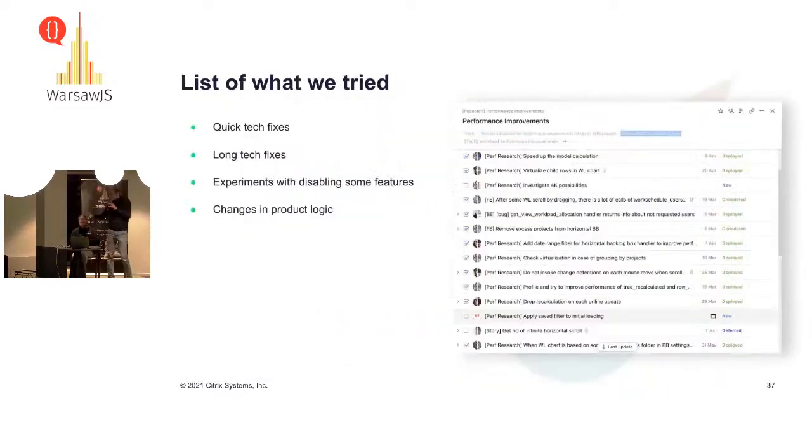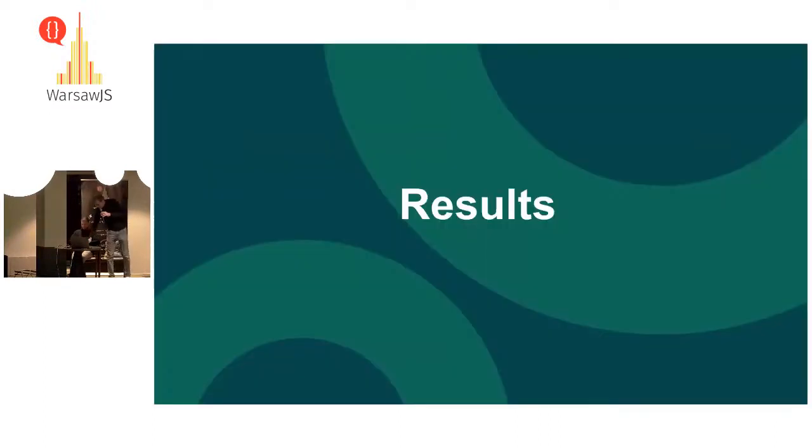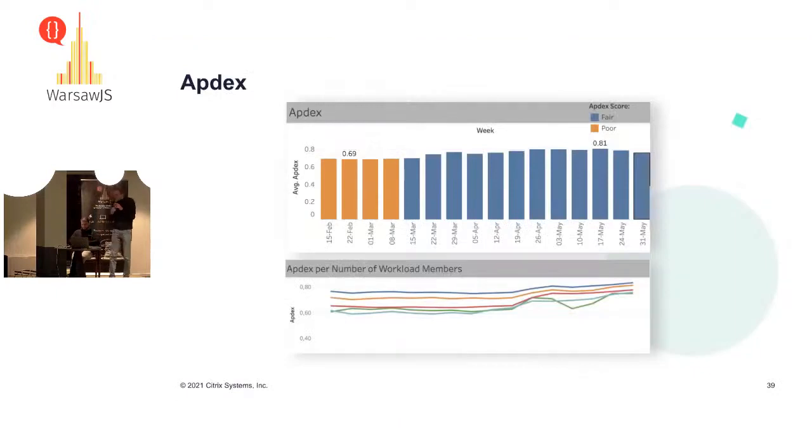So here is a list of what we tried: quick fixes, long fixes, experiments, changes in product logic. If you can see the scroll, it's half of this list, so it was a huge amount of things. And as a result, over a couple of months, our performance became at least fair, and it went to even a good state, more than 0.8.